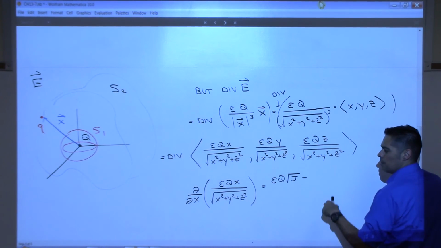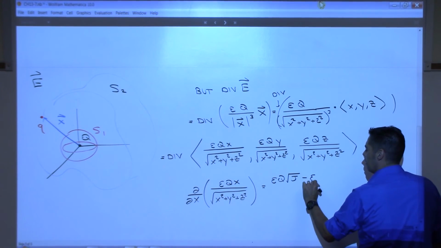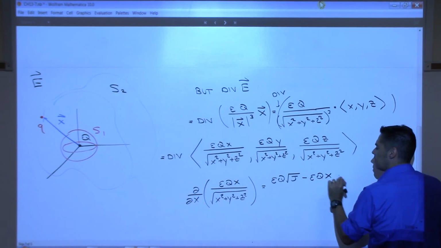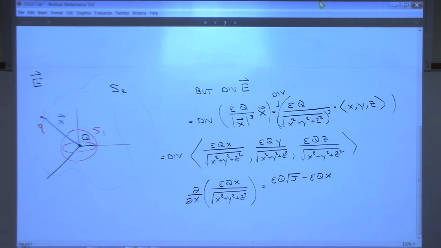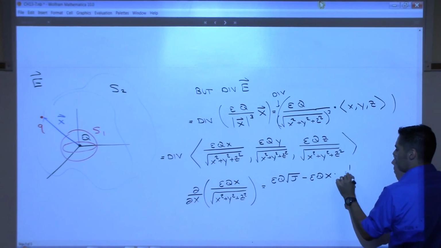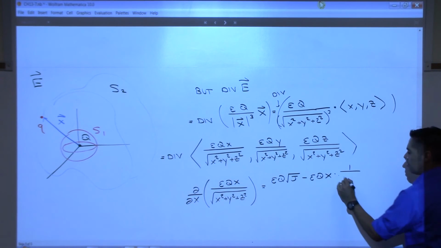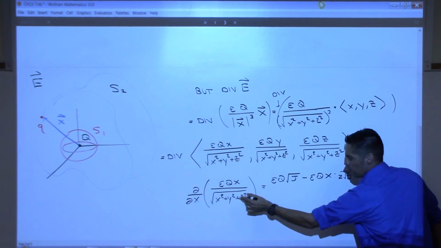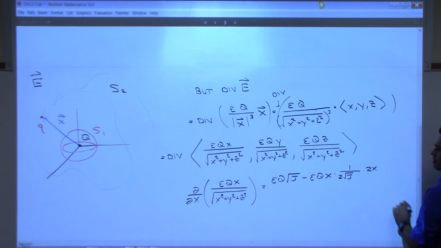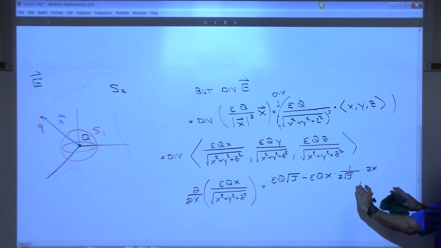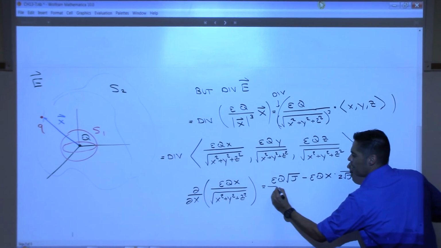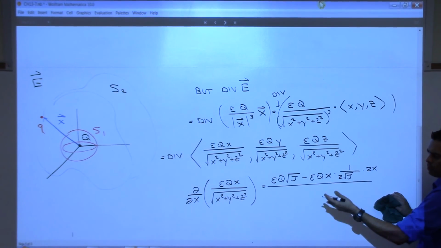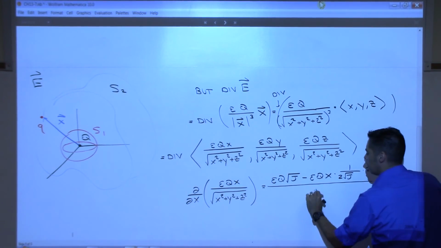Minus the top, epsilon q x, times the derivative of the bottom, which is 1 over 2 root junk times the derivative of what's in there, 2x, and that's it for the top, right? All of this divided by root junk squared. So just junk.